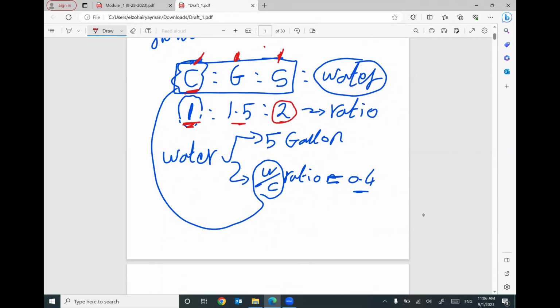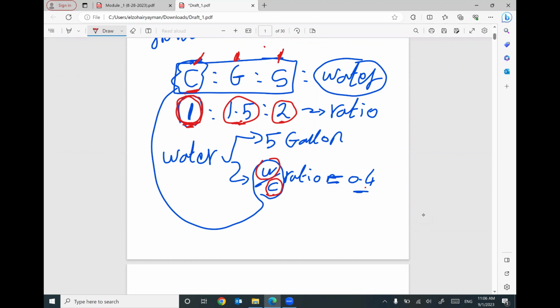So based on this ratio, if you put 1 pound cement, you need 1.5 pound gravel and 2 pound sand. And if your ratio between water and the cement is 0.4, if you have 1 pound cement, that means you need 0.4 pound water. That makes sense? This is how to define your concrete mix.